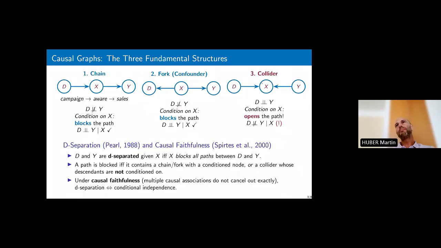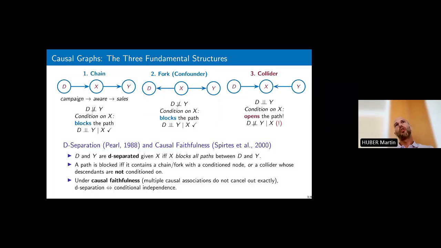Because if people have the same level of awareness, it could either be that they have been exposed to a marketing campaign, and then they might have bought less in the past, but they have this level of awareness because they have been exposed to the marketing campaign. Or if they have not been exposed to the marketing campaign, their same level of awareness is obtained because they bought more of our product in the past, right?